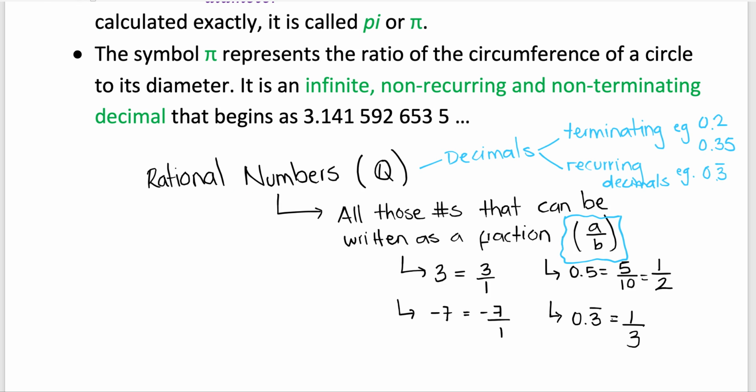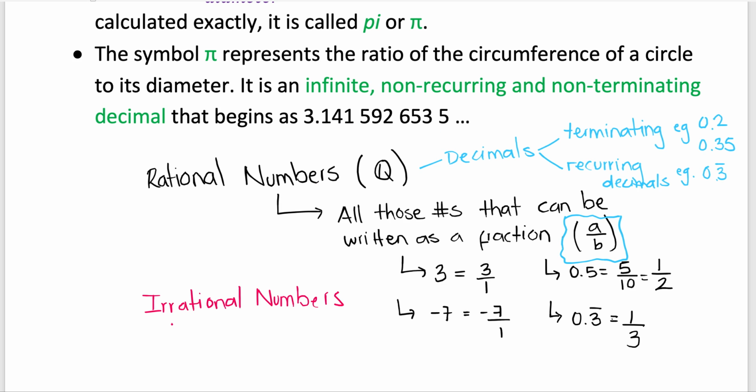But there is another family, which is irrational numbers. An example of an irrational number is pi, because it can't be written as a fraction, because it's infinite. There is no way that I can convert this into a fraction.